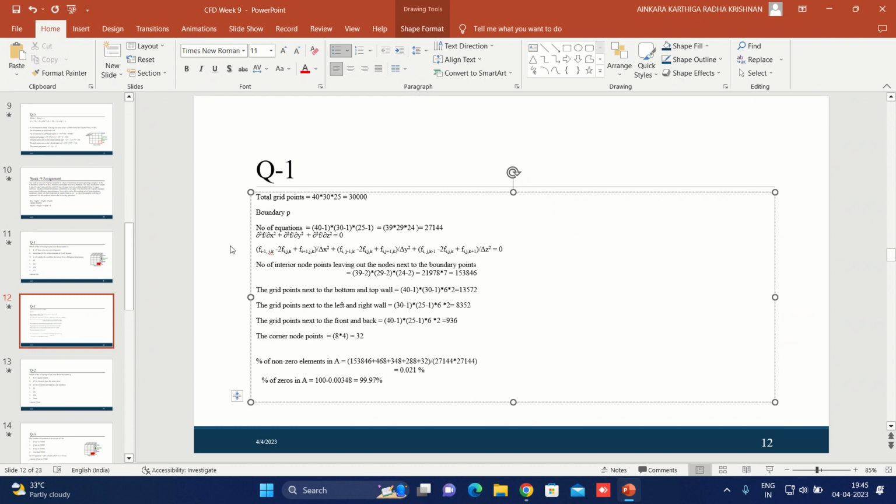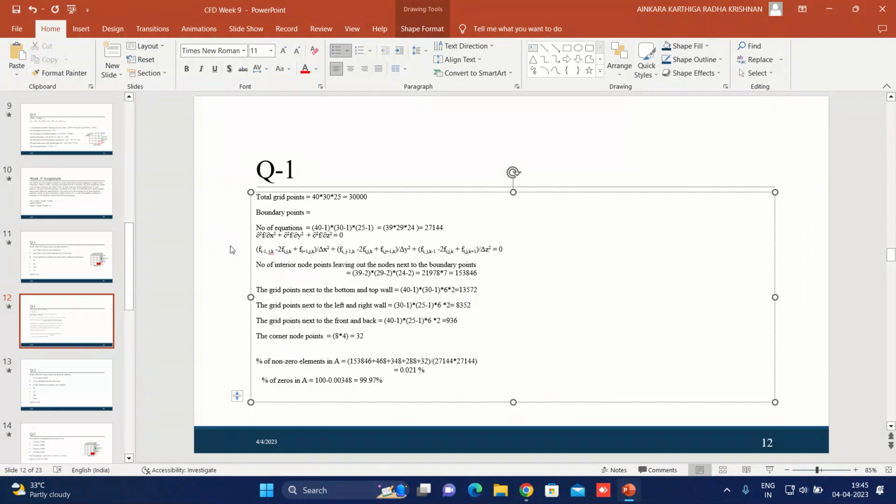Boundary points. If we take boundary points, in this it would be 40 cross 30 into 2.